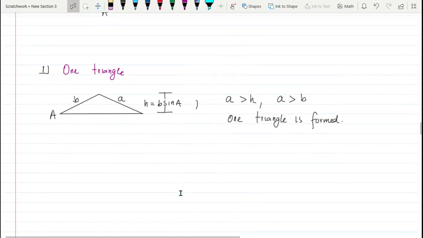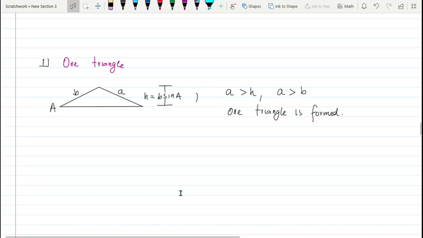So the first one is one triangle, right? There could be one triangle, and that comes when A is greater than the height, right? So remember, h is the height here in the middle, right?